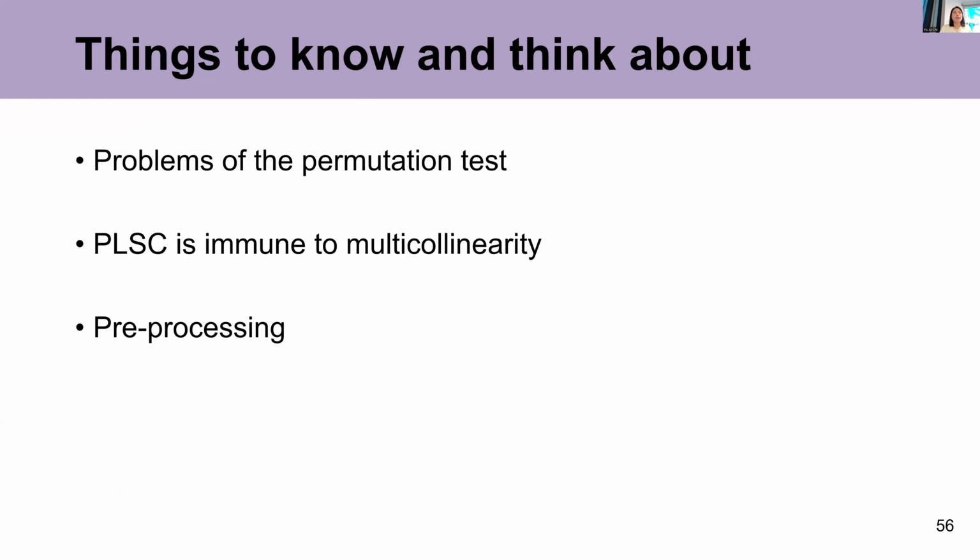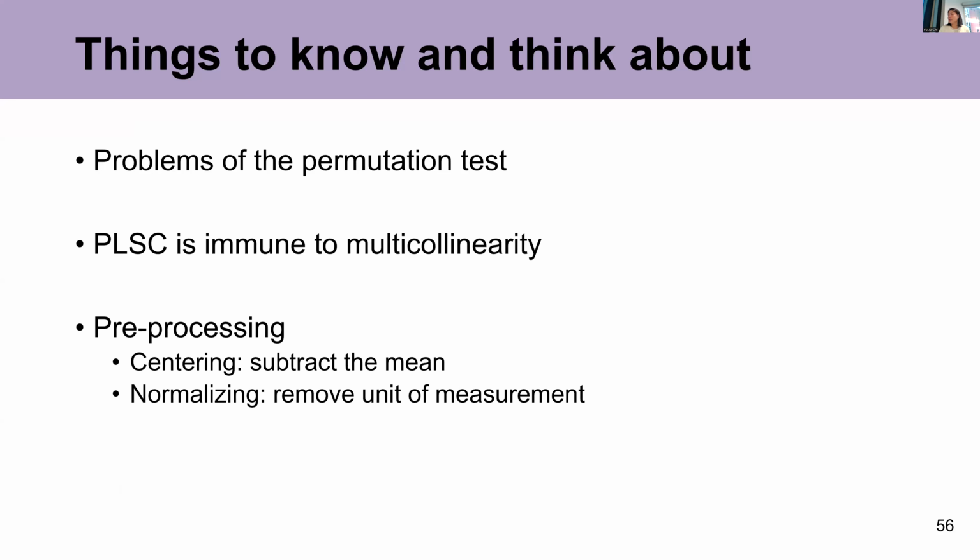And the preprocessing step. So that goes back to your question about centering and scaling. If there are measures on different scales, what do we do with it? Centering means you're subtracting the mean. Normalizing means you're dividing by the standard deviation, so removing the unit. And this is what you do when you compute a correlation, right?